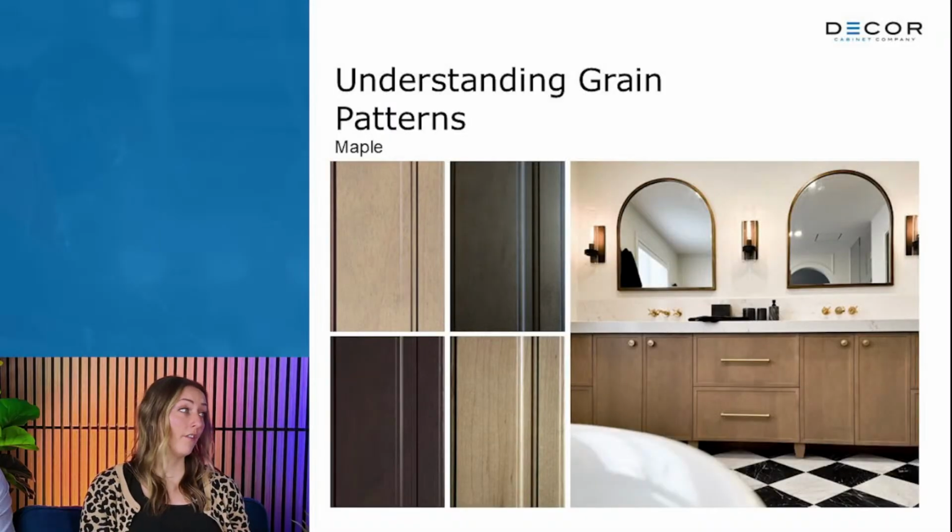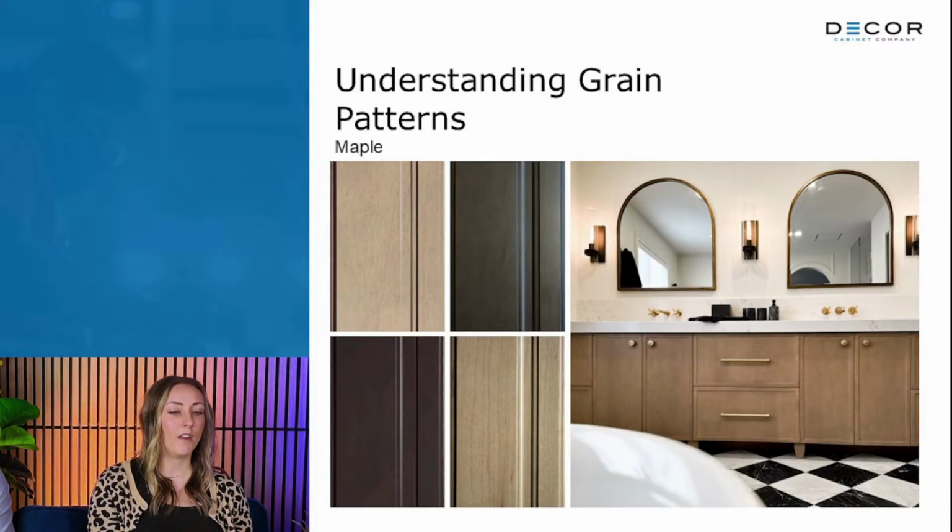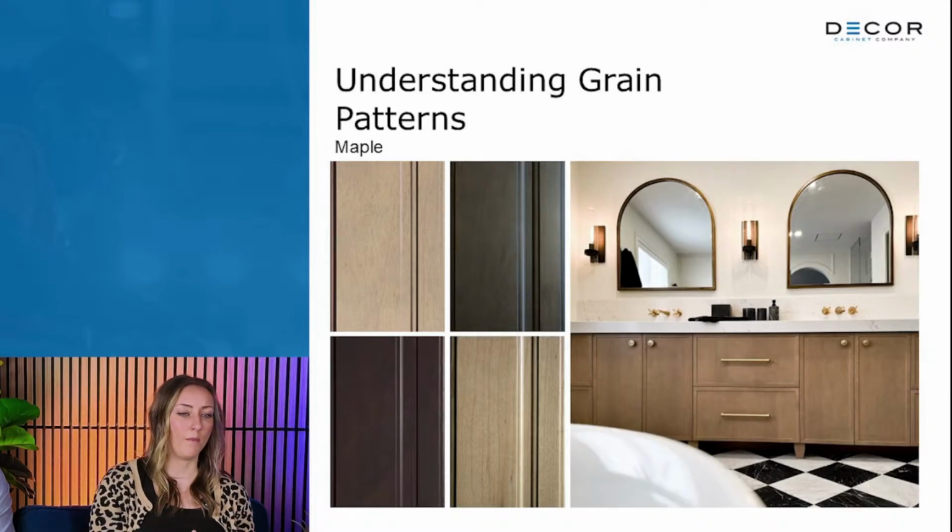But here's some pictures and some stains. Again, there is a lot of variation in stain with maple that we do. You can really see on those light colors that you're not seeing a lot of grain variation, especially in comparison to walnut. Alder is kind of in that middle section. The maple can appear slightly more blotchy because of having such a tight grain, where alder might look a bit more uniform.